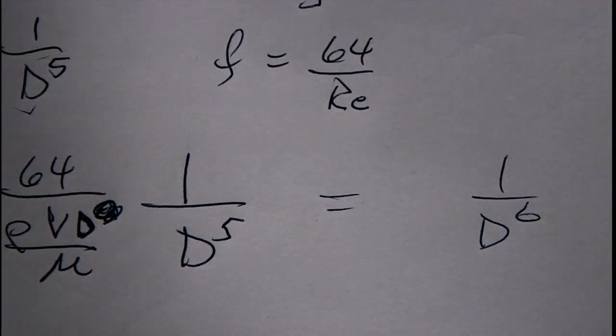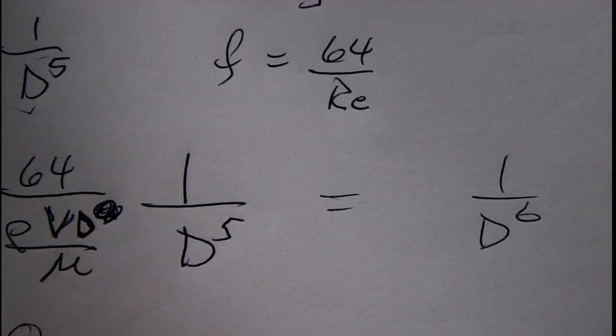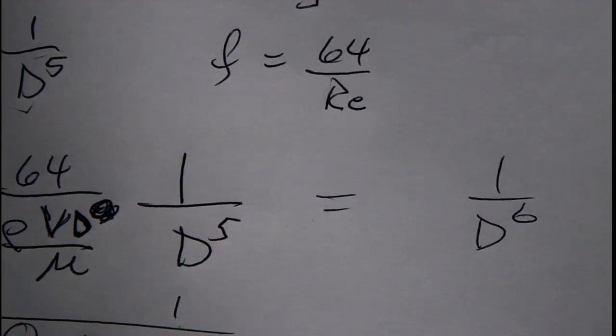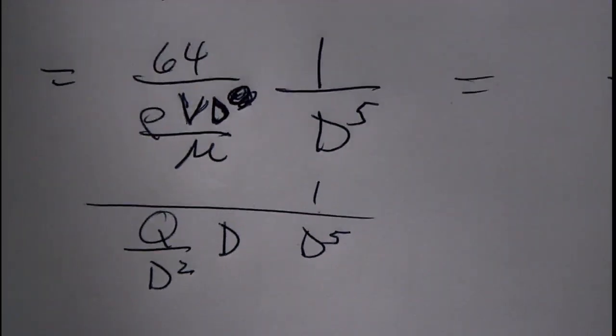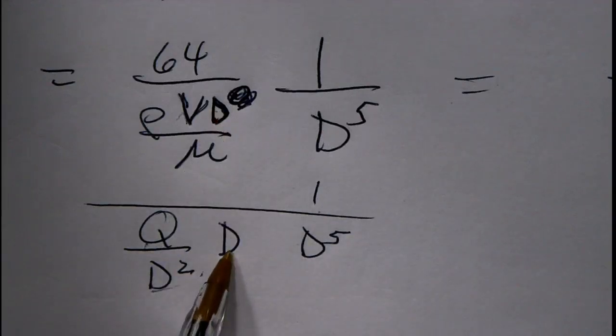Well, that quite ain't true, because this velocity in here is, again, Q divided by D squared. So if I take it times D, and if I take it times 1 over D to the 5th, this velocity becomes Q over D squared, and this diameter is that, and the D squared diameter.